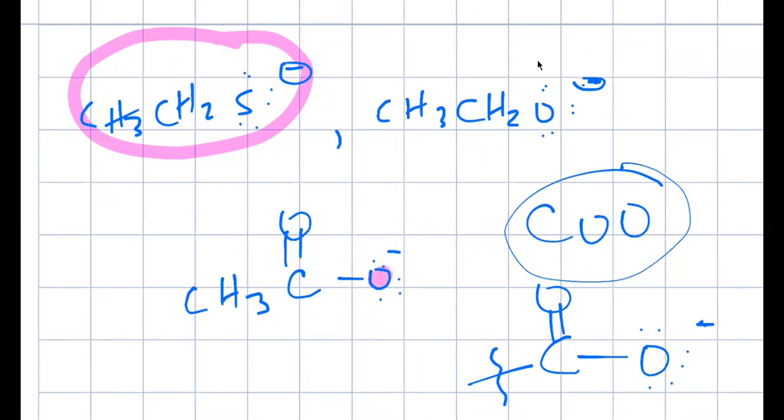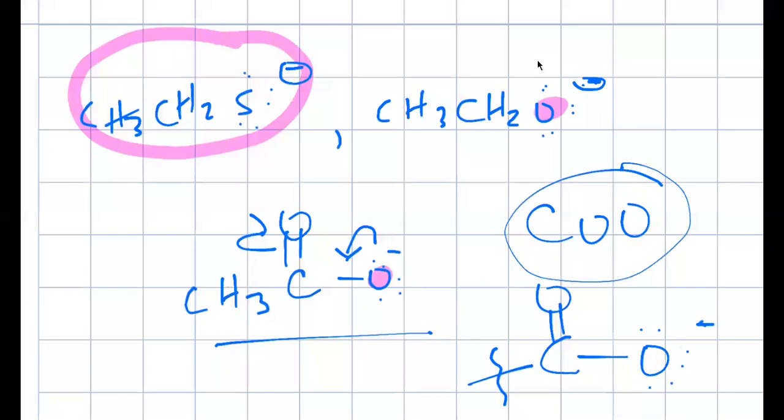So let's think about it. Both of these are oxygen, right? If you watch the last video I sent with the examples in it, what does resonance do to a nucleophile? Does it make it better or worse? Worse. It makes it worse because the charge is delocalized. So instead of this being a good nucleophile, now the electrons are tied up in resonance.